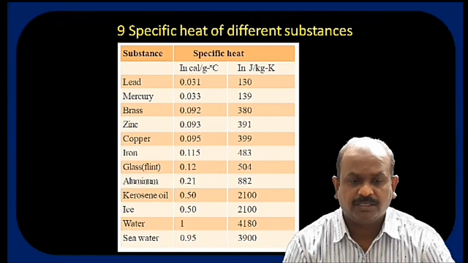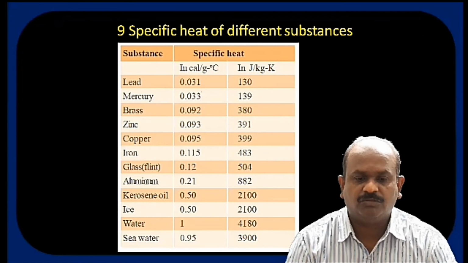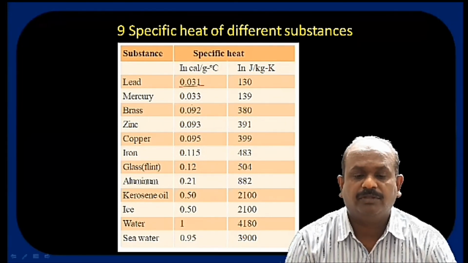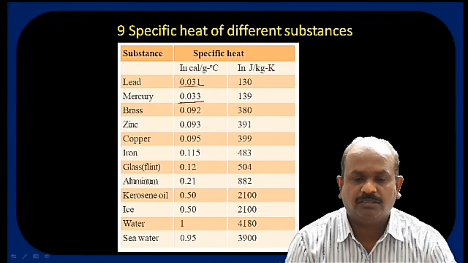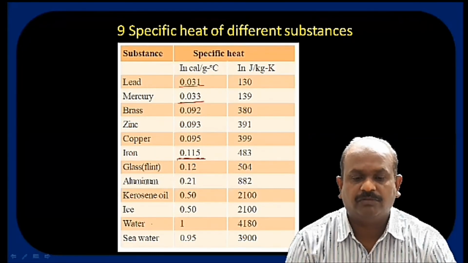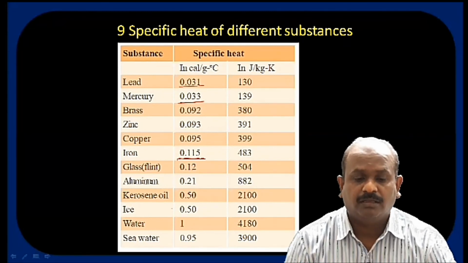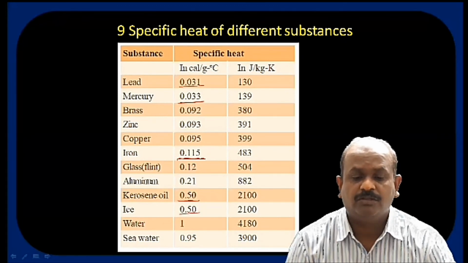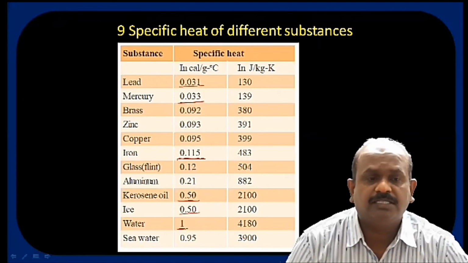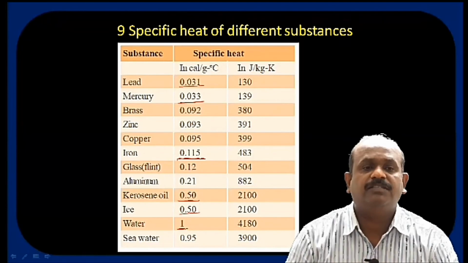Here you can see for lead it is 0.31, for mercury it is 0.033. For iron it is 0.115, and for kerosene it is 0.50. For ice it is also 0.50. For water it is 1 calorie per gram degree centigrade. In this way, different substances have different specific heats.